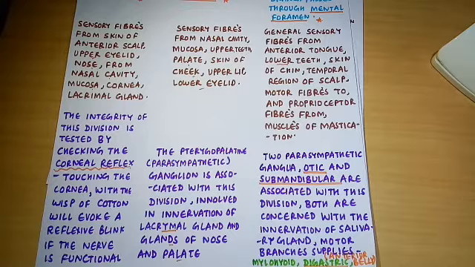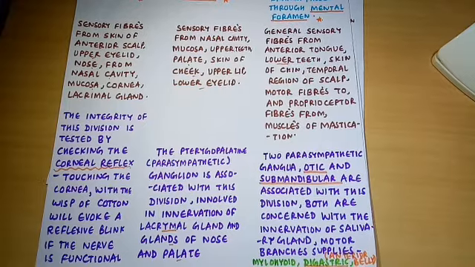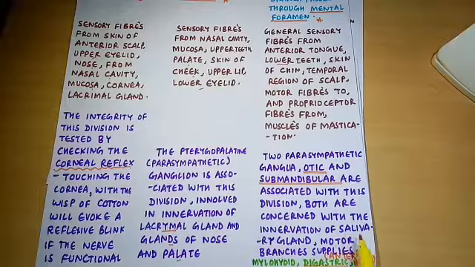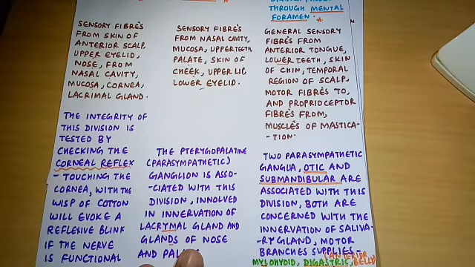They are the otic ganglion and the submandibular ganglion, which are concerned with the innervation of the salivary glands, and the motor branches of the mandibular division of the trigeminal nerve will innervate the mylohyoid muscle, the digastric, tensor veli palatini, and the tensor tympani.